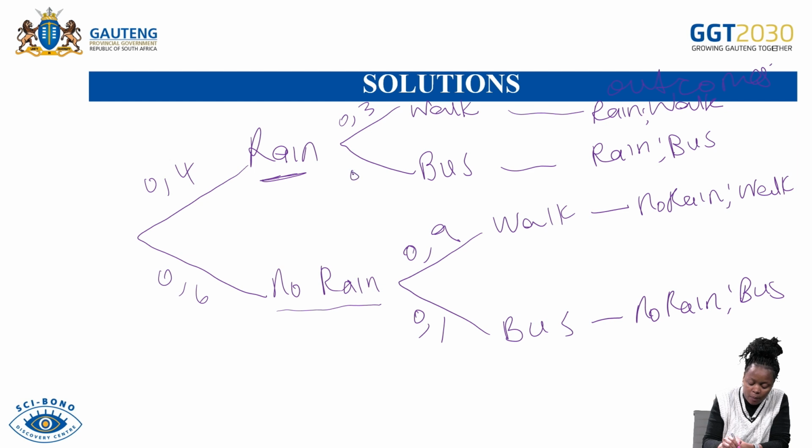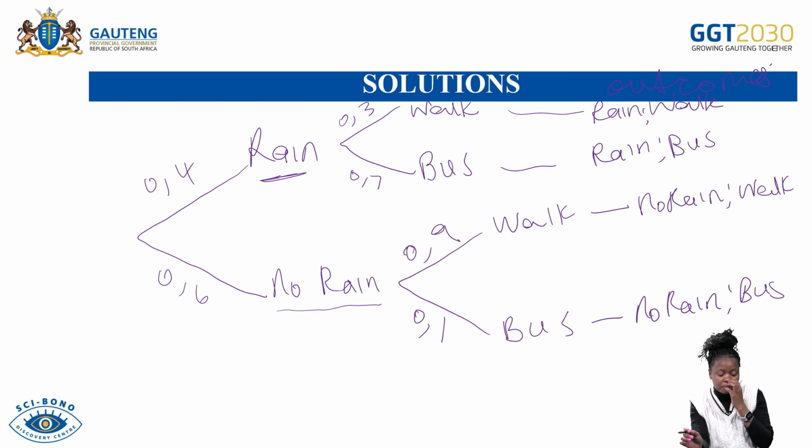It's here, 0.7, which is the number for taking a bus. So if it rains, 0.3 she can walk, 0.7 she can take a bus. If it doesn't rain, 0.9 she walks, and the remaining 0.1 she takes a bus.